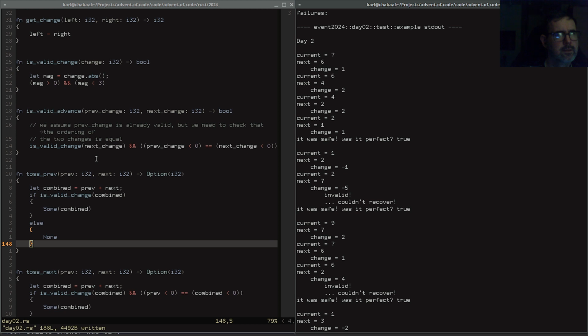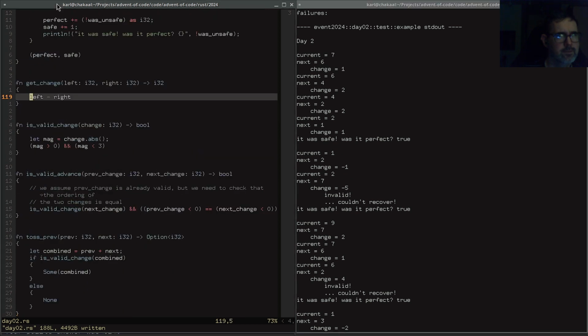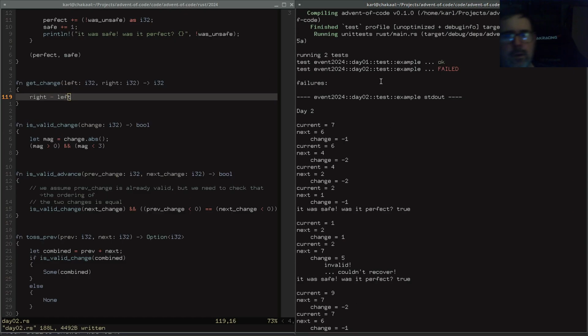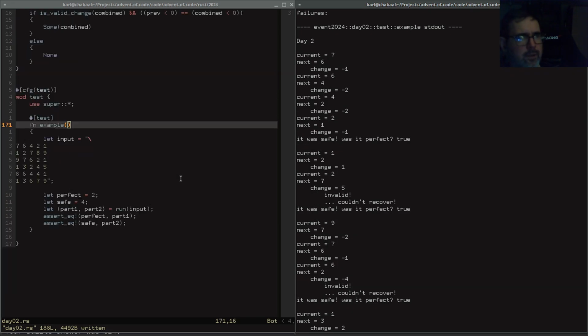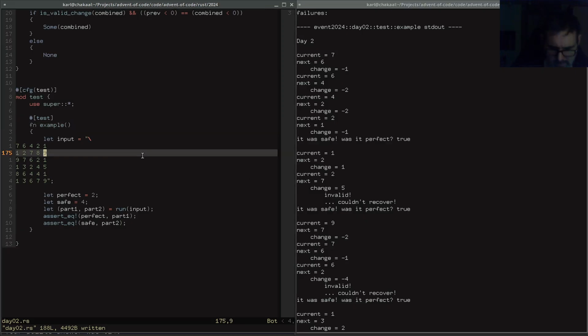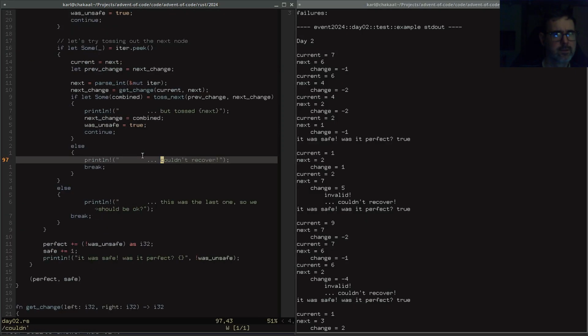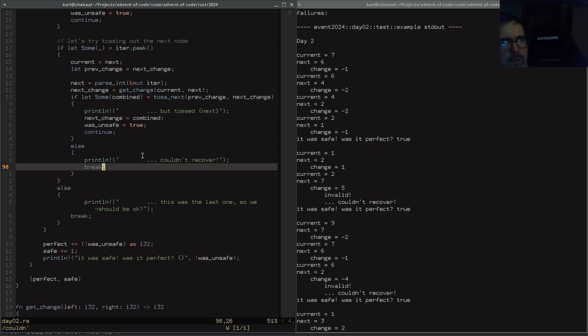So why, yeah, this should be, okay. That's okay. 2 to 7 changes 5. But we said it was safe. Why did we say it was safe? I guess because we only broke out of one level of the loop.